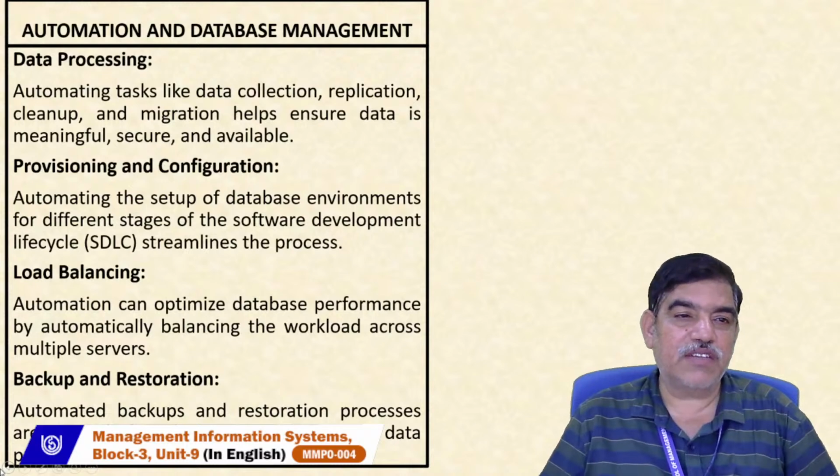Whatever data we collect, automating the data collection, replication, cleanup, and migration process ensures the data is stored in a secure place. And as and when it is required, it is available. That's why that is known as data processing.